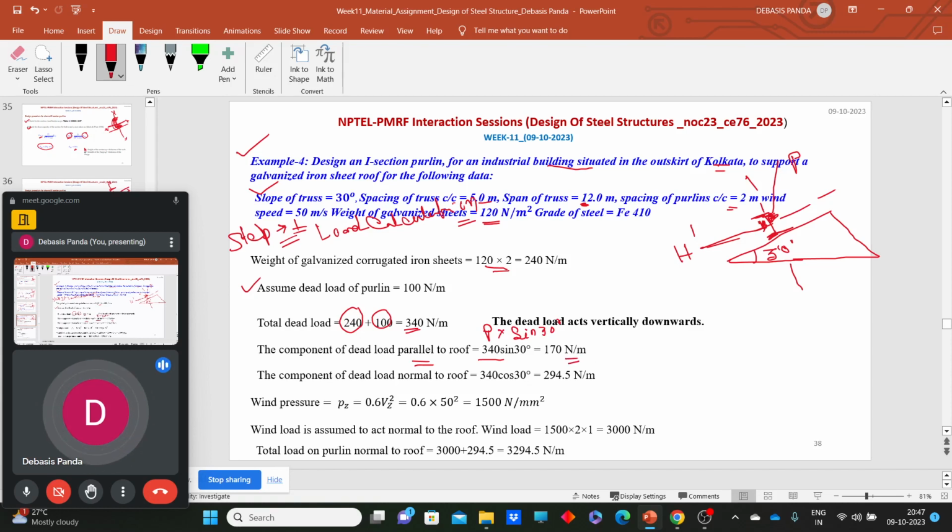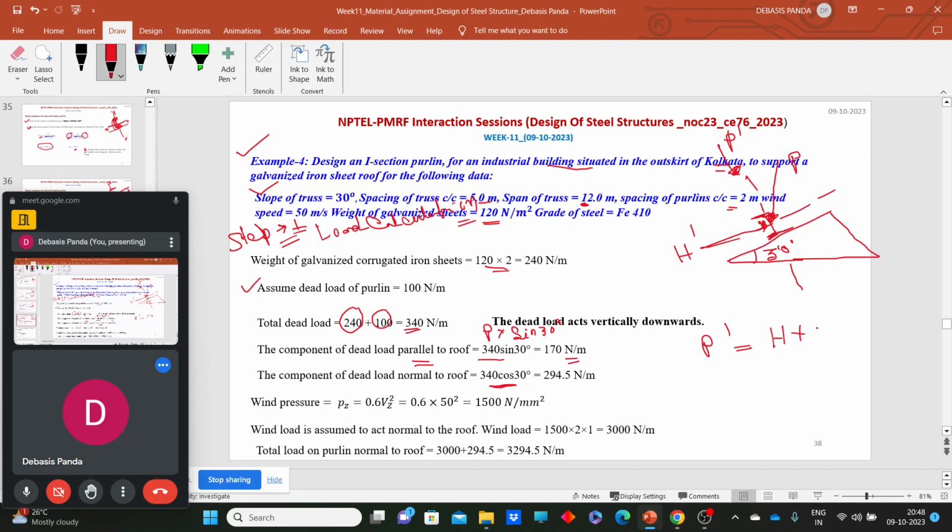Now what should be the component of this load normal to the roof? That means this component will be nothing but P into cos 30. Why do we need that component? Because the total load P dash along this axis will be equal to H, that means the horizontal load due to wind, plus that normal component of load to the roof.